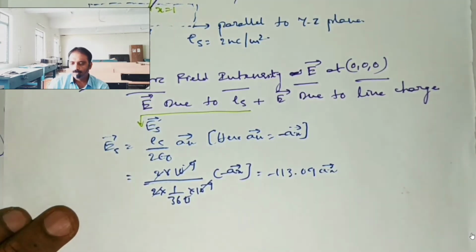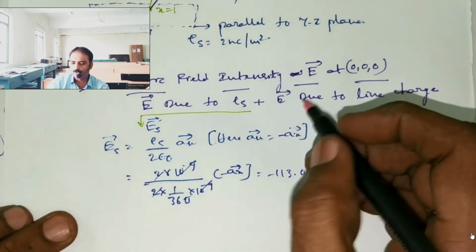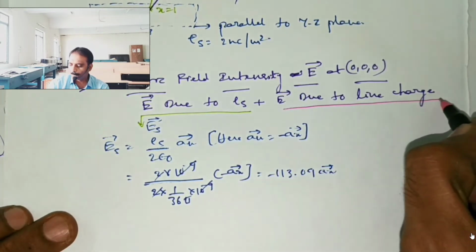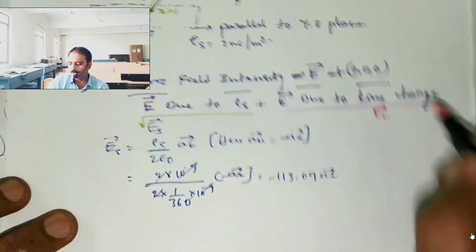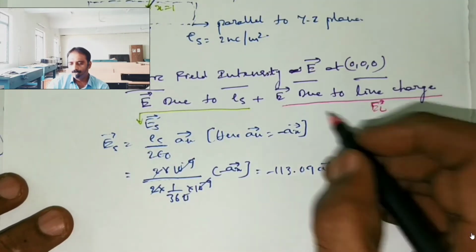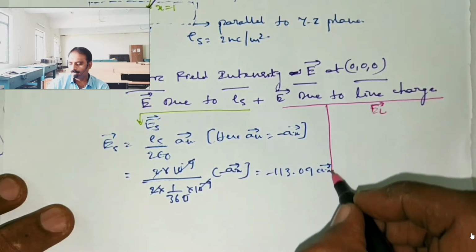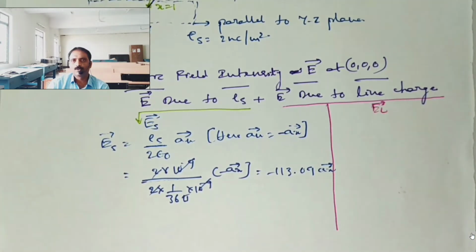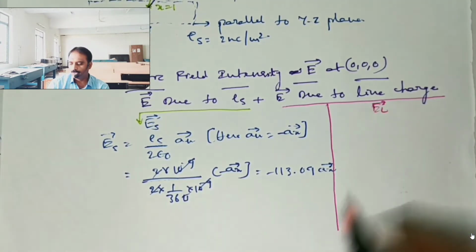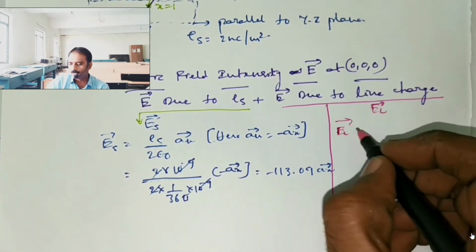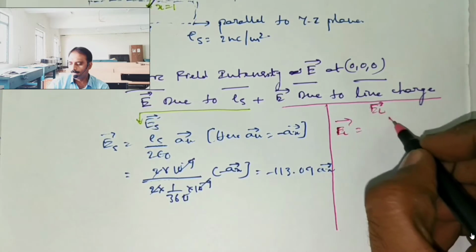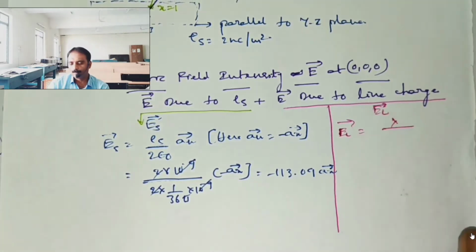Next, let us find the electric field intensity due to the line charge located at x equal to 1 and z equal to 4, and consider this as EL bar. The formula for the electric field intensity due to the line charge is EL bar equal to lambda divided by 2 pi epsilon naught into R into AR bar.